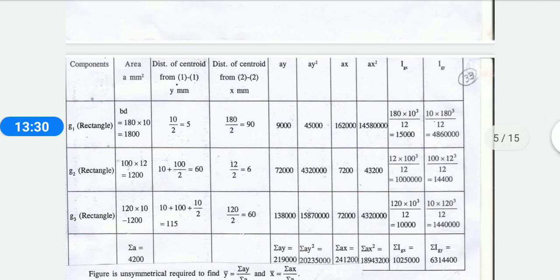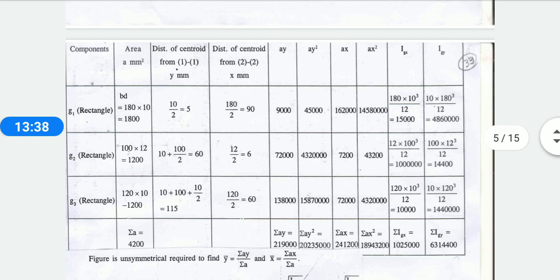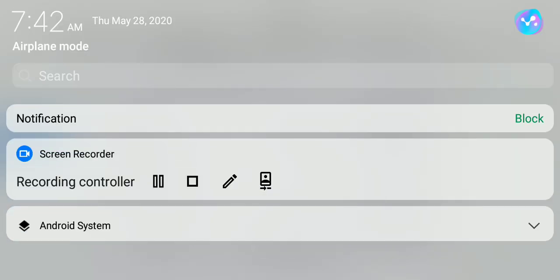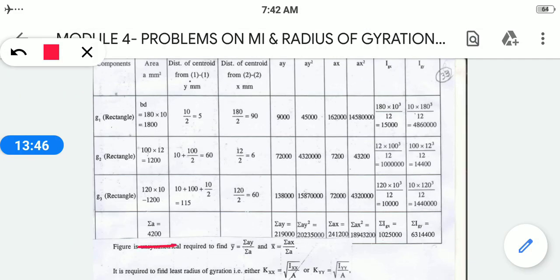See 5, 60 and 115, that is your y and x. Then they had found ay square, ax square, IGX and IGY. We already found all the values. Now our aim is to find all the summation values: summation of A, summation of Ay, summation of Ay square, Ax square, summation of IGX and summation of IGY.